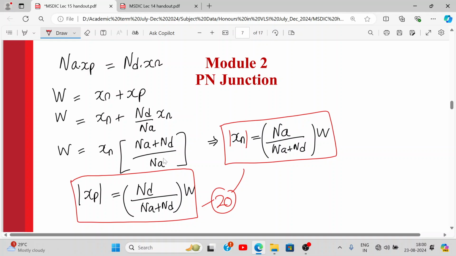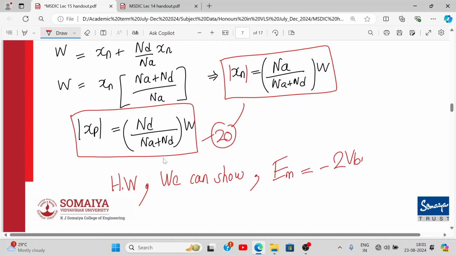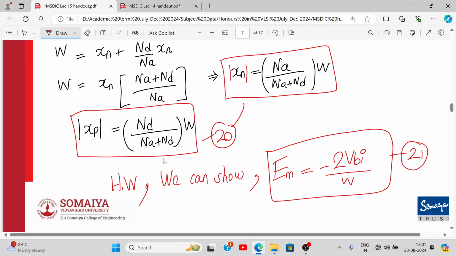Next, derivation, you don't have it, but you can show it actually. That is your home assignment for today. Homework is that we can show EM, maximum electric field, is given by minus 2 VBI upon W. You prove this. This is equation number 21. I am not doing the derivation. Neither am I showing it.